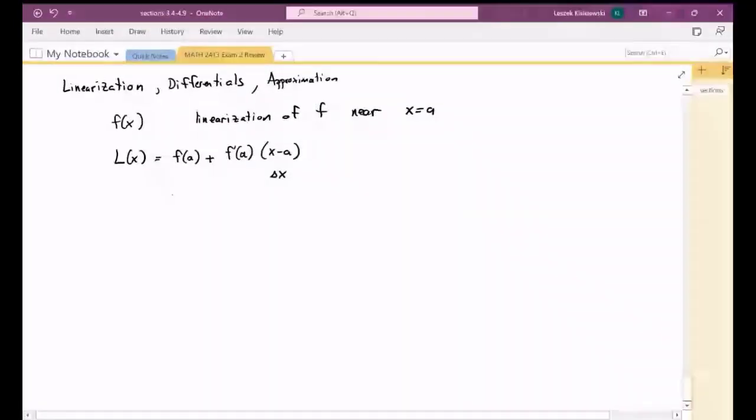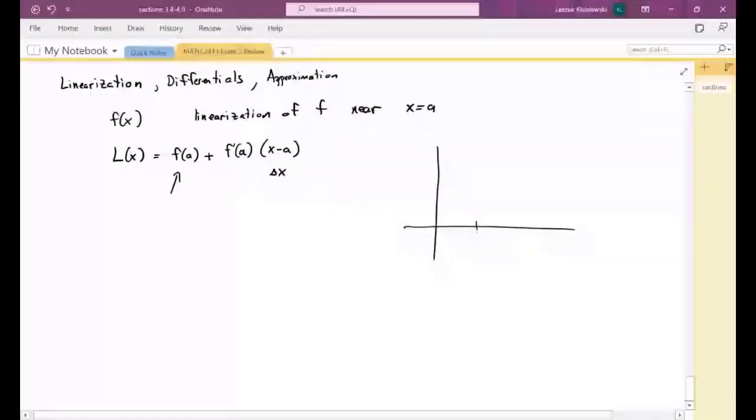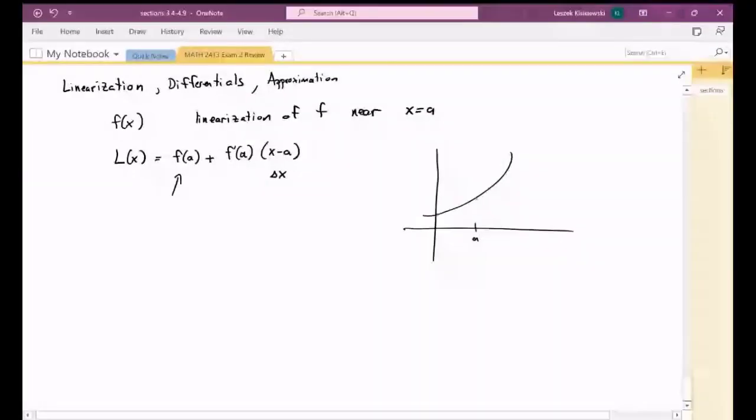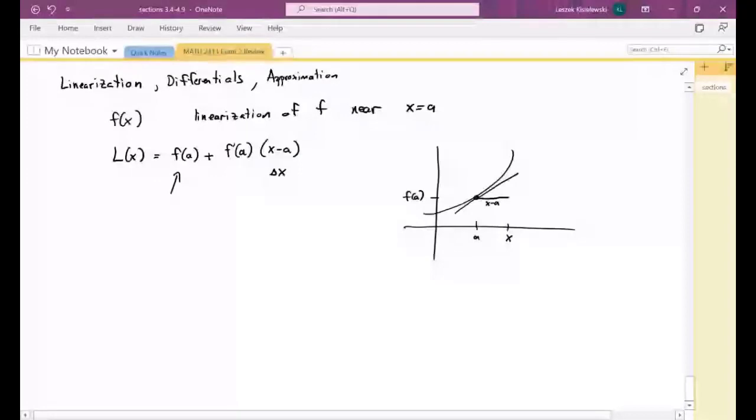This is what the function used to be. Let me draw it. So f of a, then you use a line, you have x, this is x minus a, like delta x, and this would be the approximate change in value of the function.